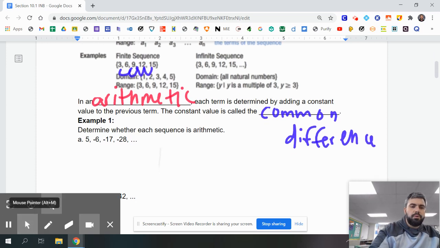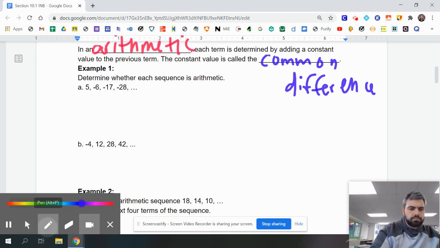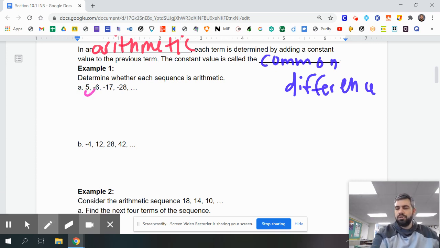So let's look at an example. The first example says, determine whether this sequence is arithmetic or not. I'm going from 5 to negative 6. So what do I add to 5 to get negative 6? Well, if you're not sure how to do that off the top of your head, it's fine. You can go to your calculator. You take the second term, so in our case, negative 6, and you subtract the first term, which would be 5.